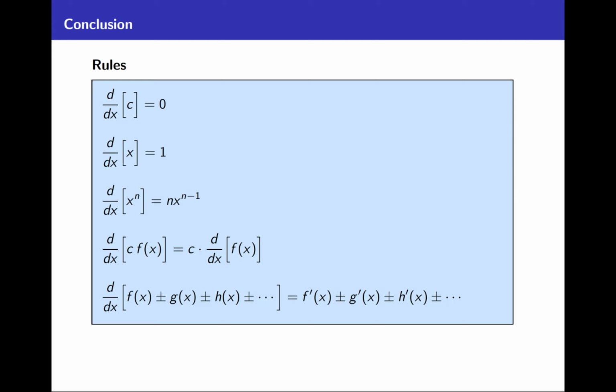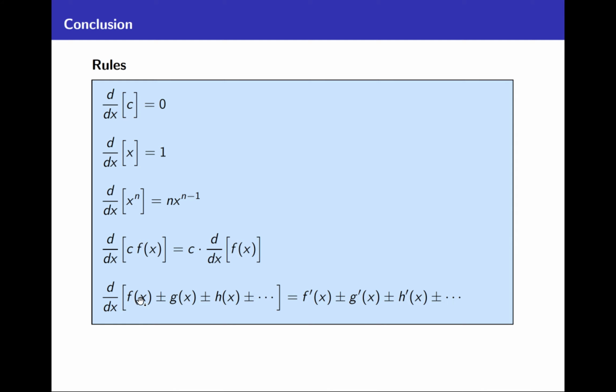So in conclusion, we have started our list of derivative rules. The derivative of a constant is 0. The derivative of x is 1. The derivative of x to the n is n times x to the power of n minus 1. The derivative of a c times an f of x is c times the derivative of f of x, where c is a constant.